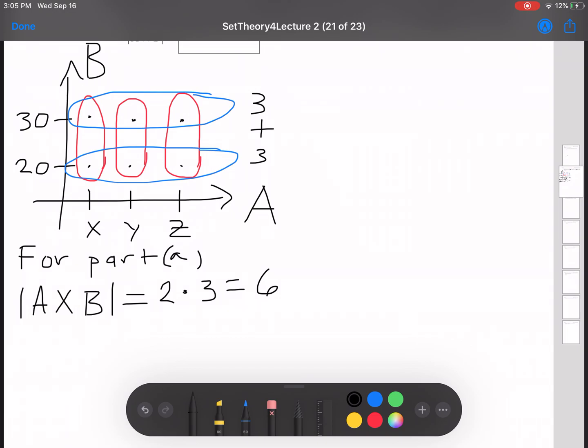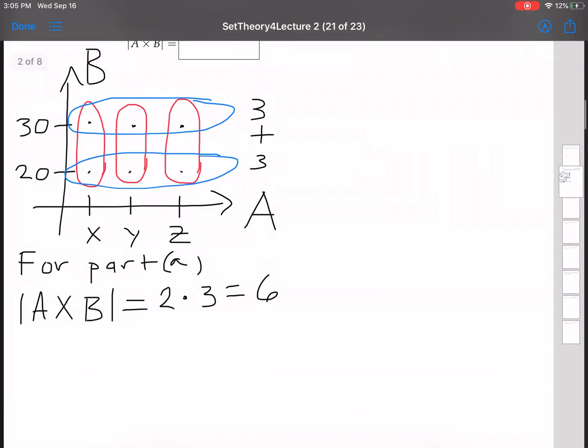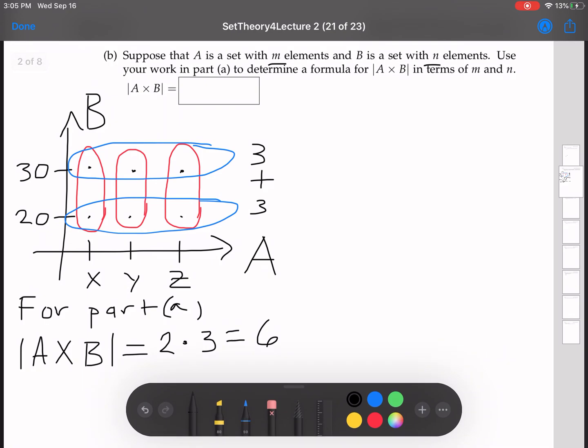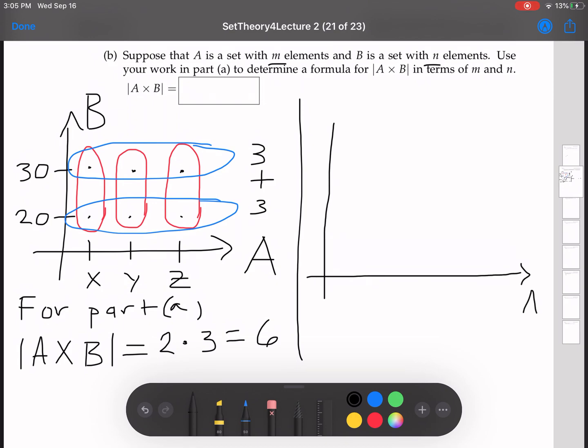All right. So now again, let's generalize what we just did right there. We have A. We have B. Let's say that A is the set A1, A2, AM.